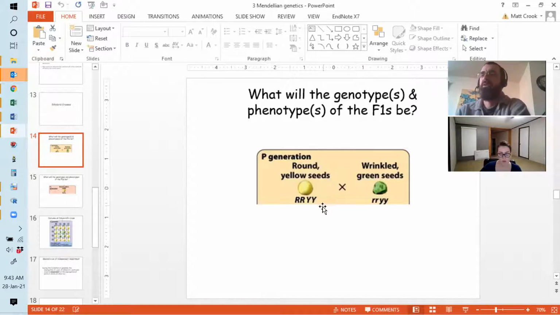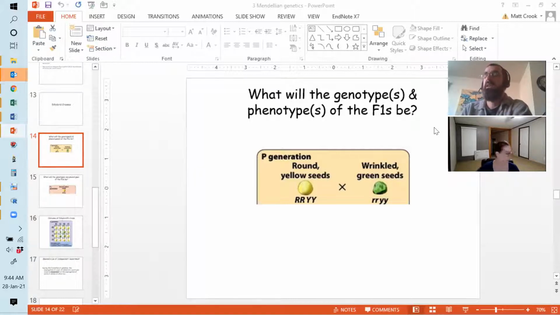So, question at the top. What are the genotypes going to be for the F1s of this cross? Big R, small r, big Y, little y. Correct, thank you, Tanya. Kim, I'm just going to go through this and then I'll answer your question, okay?